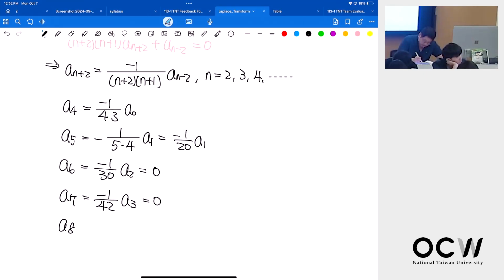And how about a8? a8, then we know this is 1 over 12 times 56 a naught.